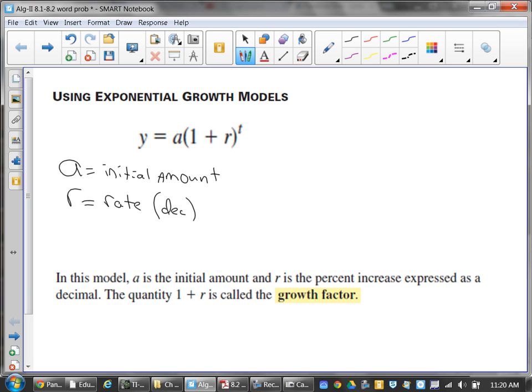They usually say it's like 4% or 16%, so you just have to convert a percent to a decimal. I know it's a tough thing to ask you to do. And t stands for time, usually in years.